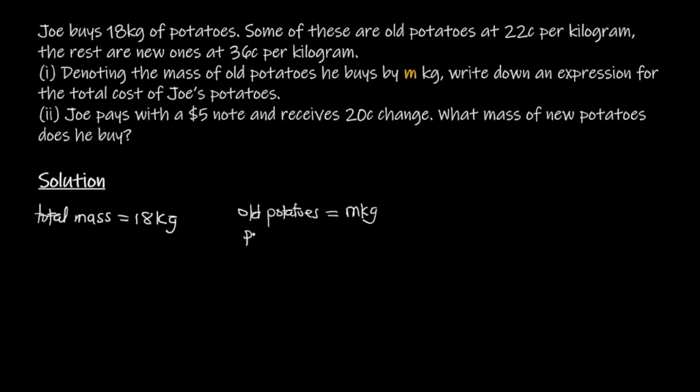So it means the price of old potatoes, let me make it OP, will be equal to 22 cents multiplied by the mass, because one mass, which is 1 kilogram, is equal to m kilograms. Now let's look at the new potatoes.